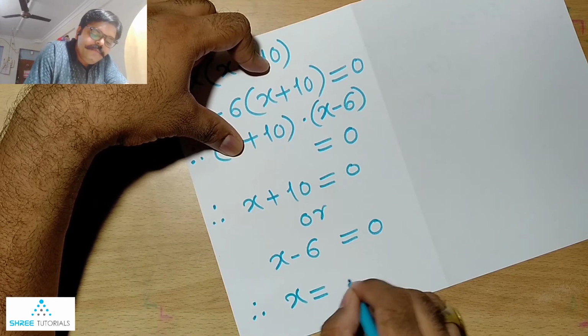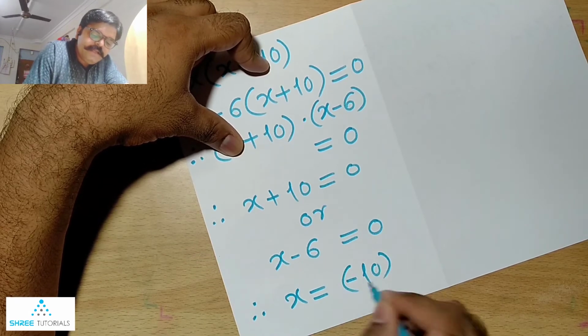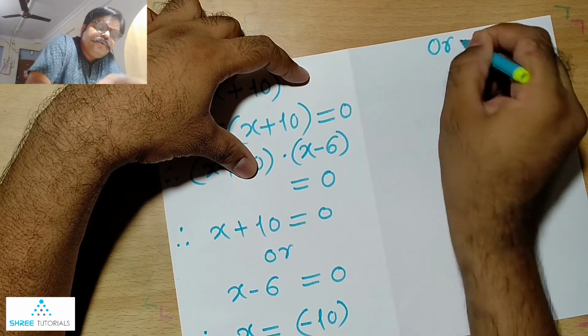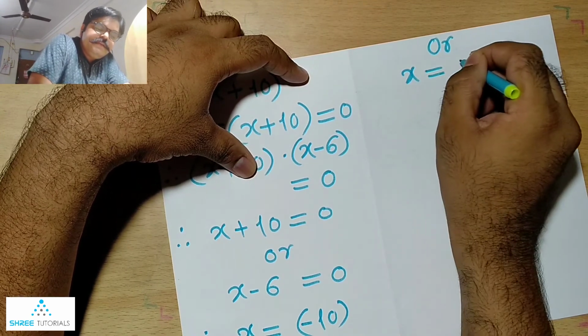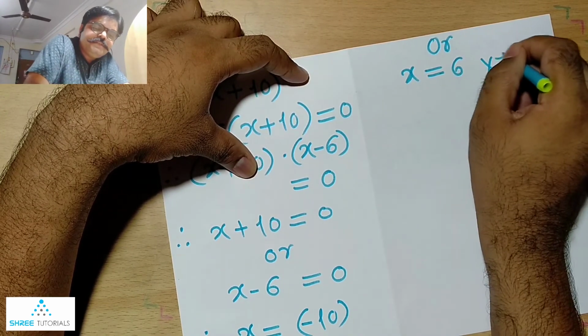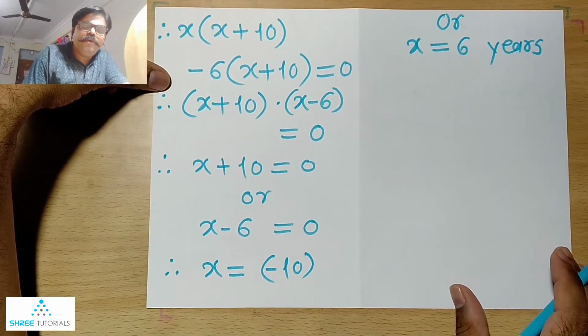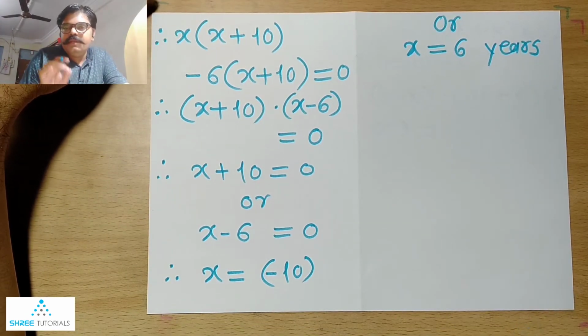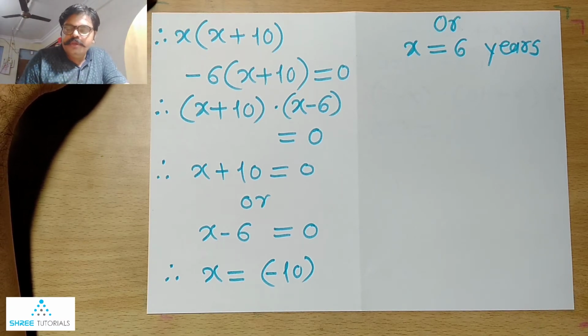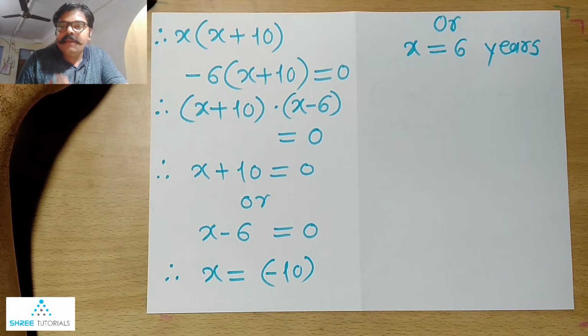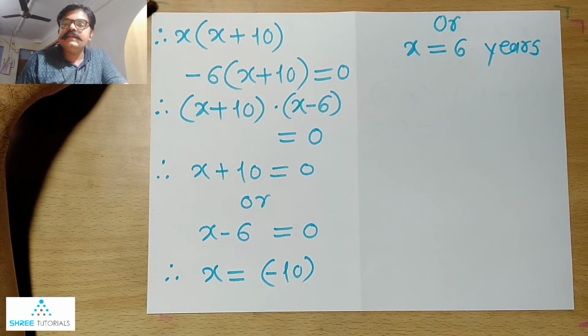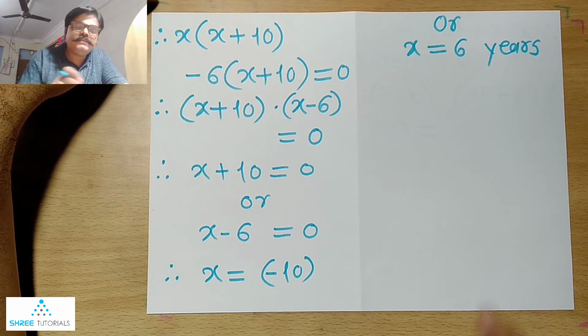Therefore x might be equal to minus 10, or else x is equal to positive 6. But kindly note over here, as we have already discussed, the total number of pots is what we have assumed to be x. But the total number of pots manufactured in a day cannot be negative. And therefore, what exactly are we going to choose x's value as? It is going to be just 6.